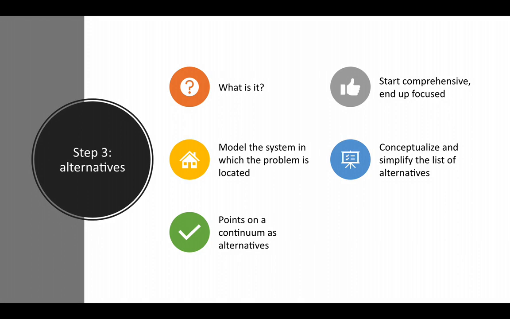And do remember that even if you have a type of alternative, you will still be able to create different points on a continuum as alternatives. For instance, you can have a low end, median, or high end solution. This is actually the same spectrum, however, at different levels.